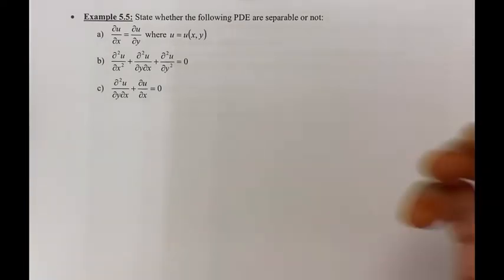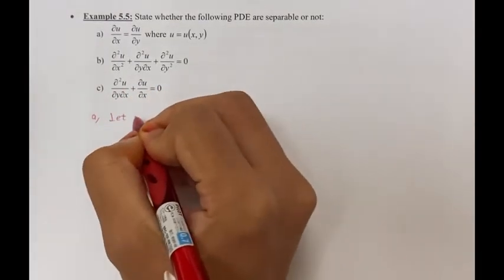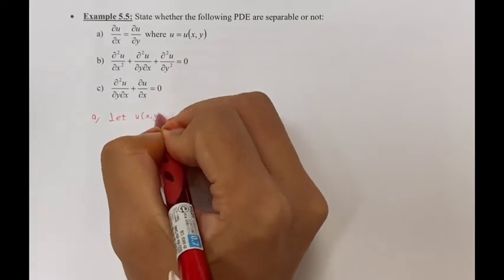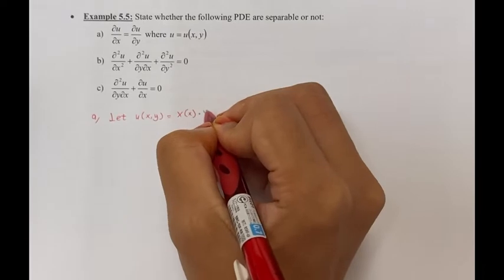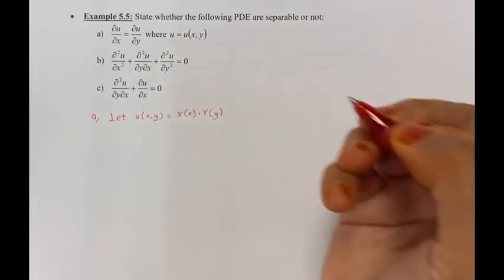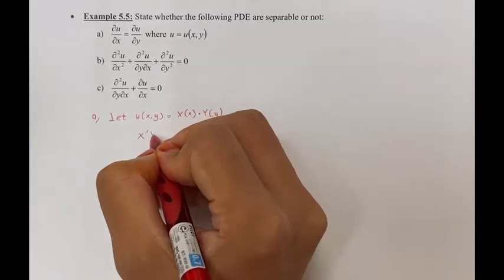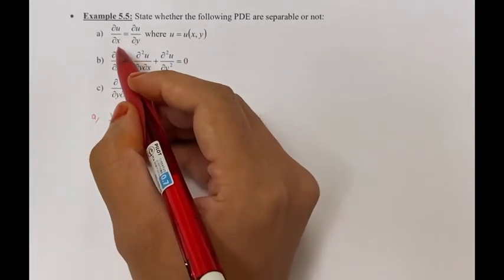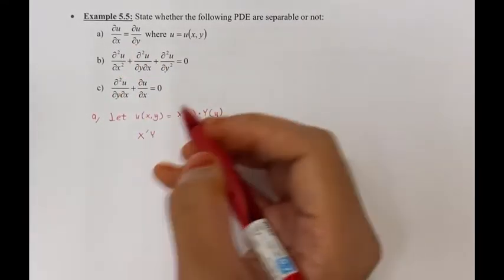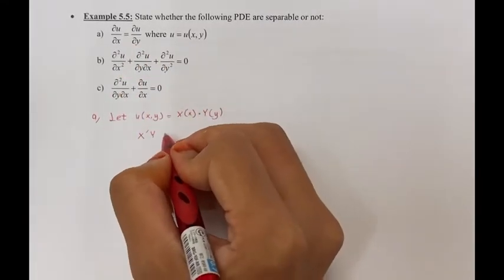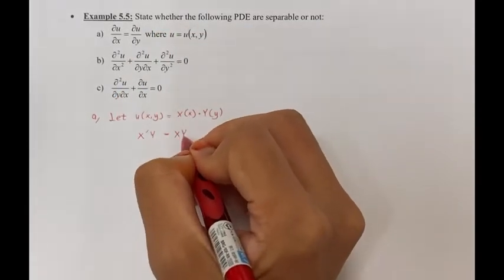For A, we let u(x,y) equal to the product of x and y variables, X Y. Del u over del x is X prime Y, equal to del u over del y which is X Y prime.